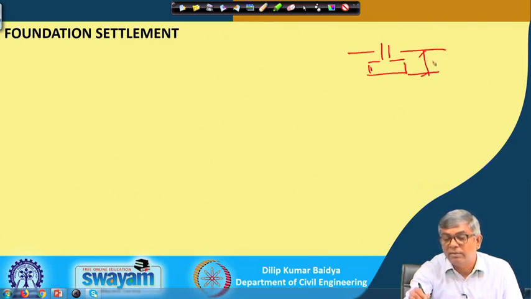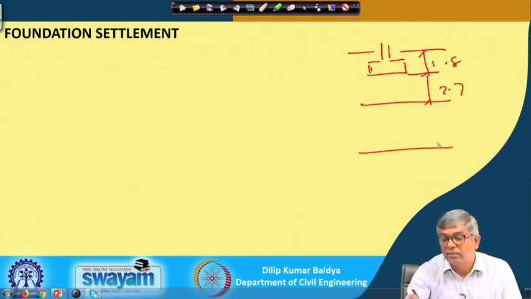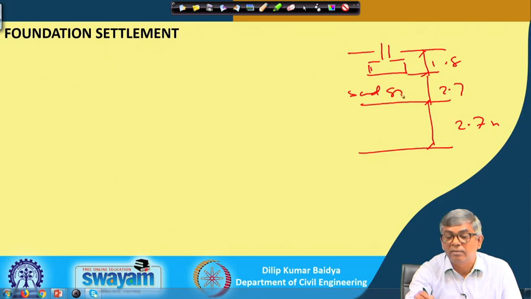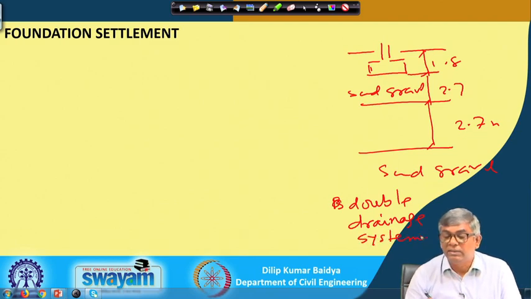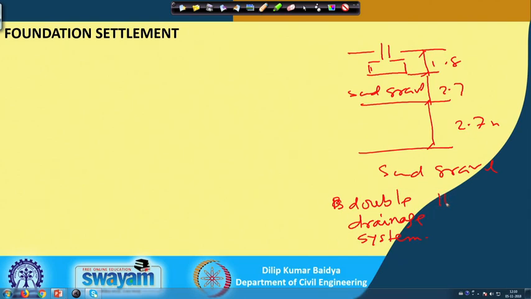This is 1.8 and this is 2.7 and this is 2.7. This is also 2.7. And then sand and gravel here, sand and gravel here. So, that means this is a both way drainage or double drainage system. Then your H equal to 2.7 by 2 equal to 1.35 meter.